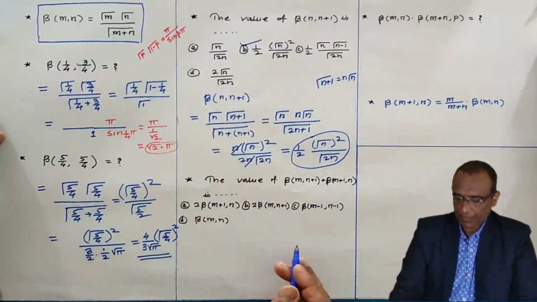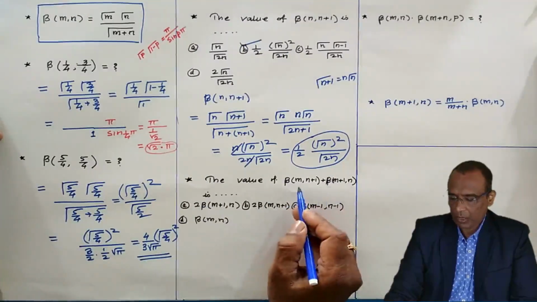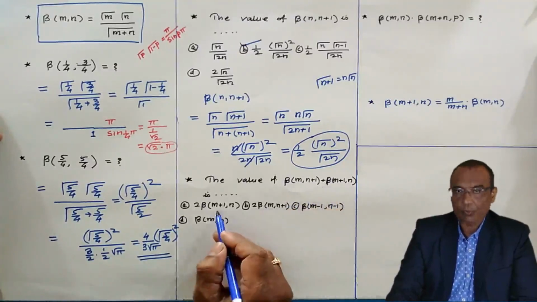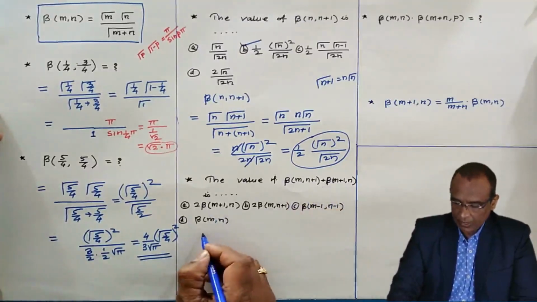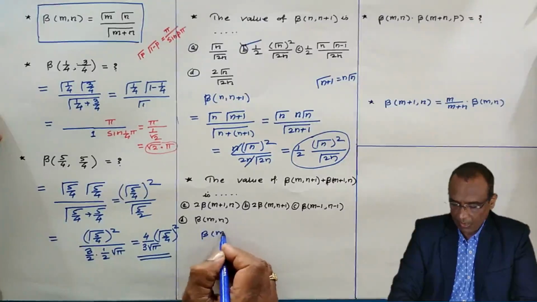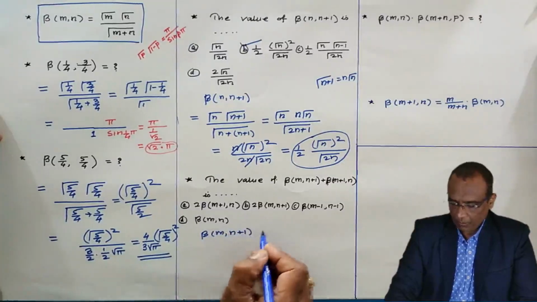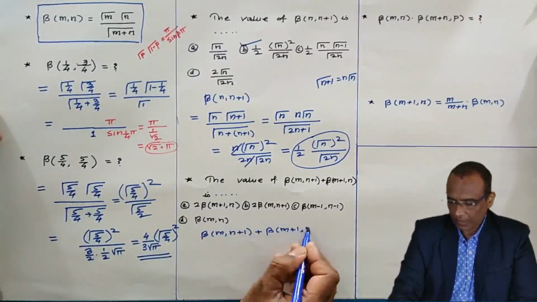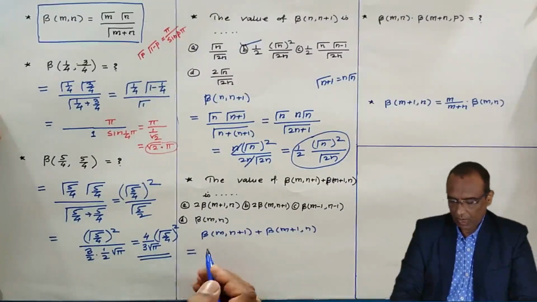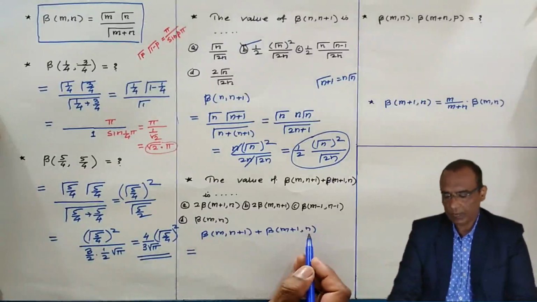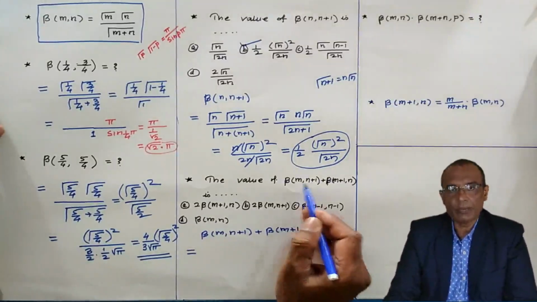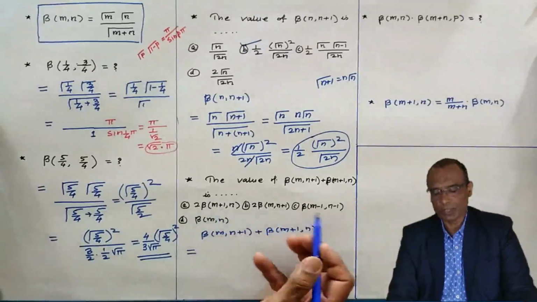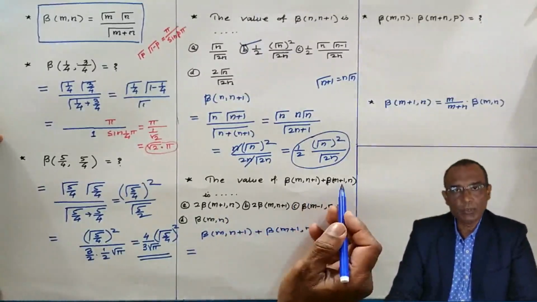Same problem again. I want the value of the sum of two beta functions, and these four options are given. Here, beta m comma n plus 1 plus beta m plus 1 comma n. Yes, I am converting this into a beta function, because here we have two beta functions and the answers are given as a single beta function. So these two beta functions I have to merge.